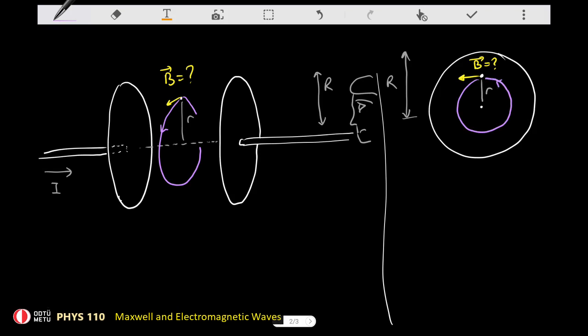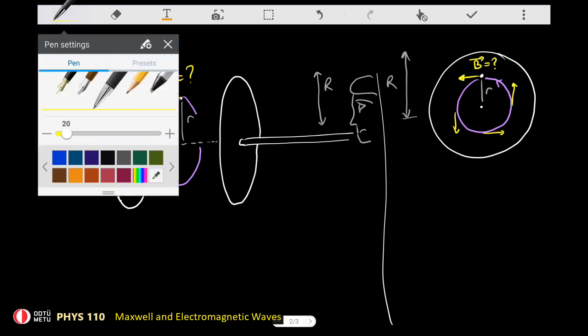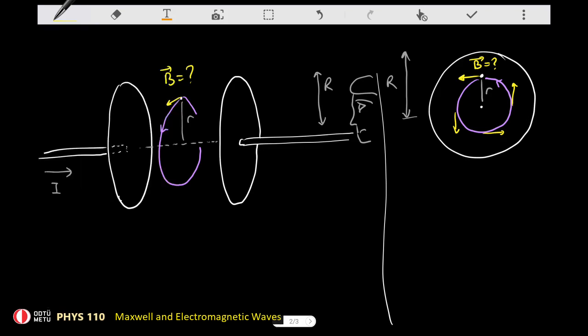Because only in that case, I know that the magnetic field at all points on that Amperian loop has the same magnitude, and it's also always tangent to the Amperian loop.